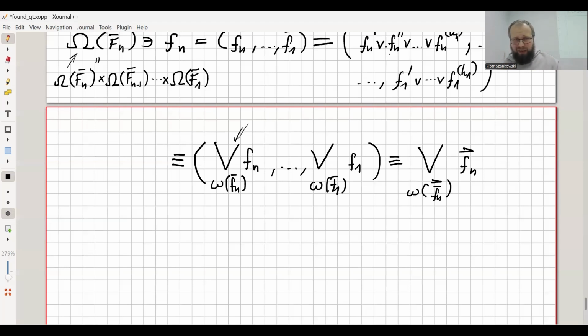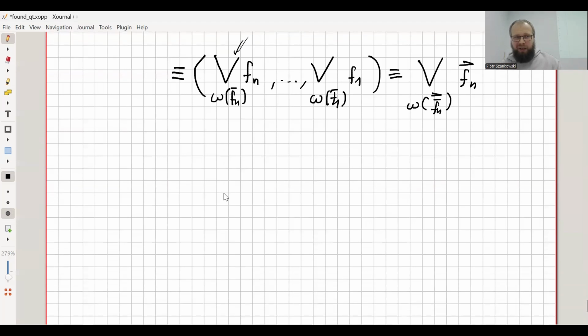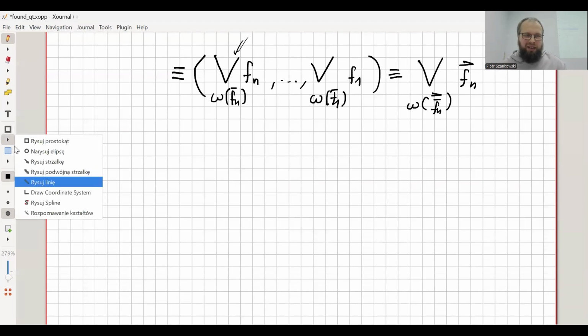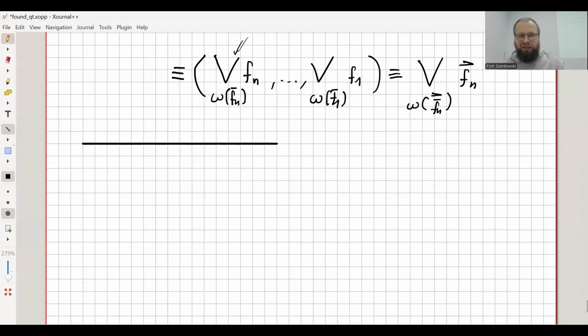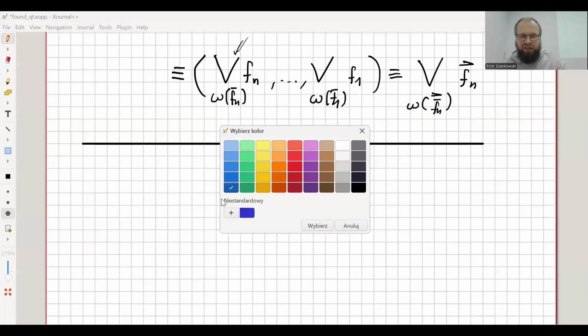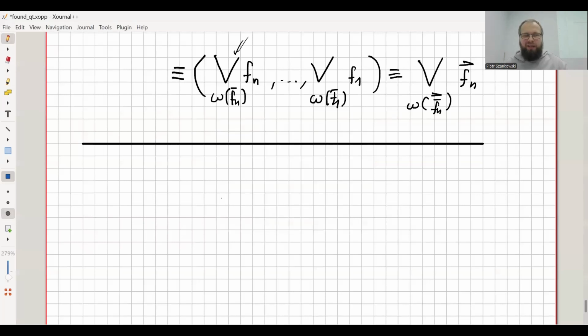So the one condition. Let me write here: separator. Maybe let me change color a bit.